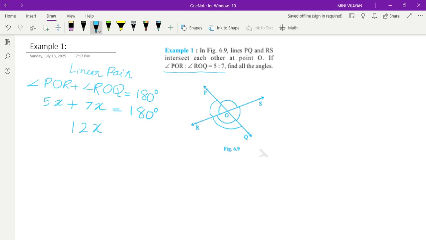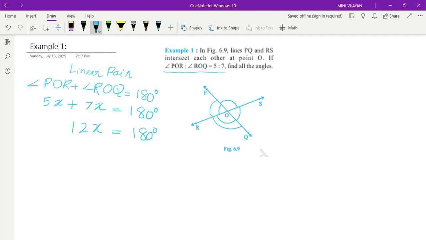So we get the equation 5x plus 7x is equal to 12x, which is equal to 180.